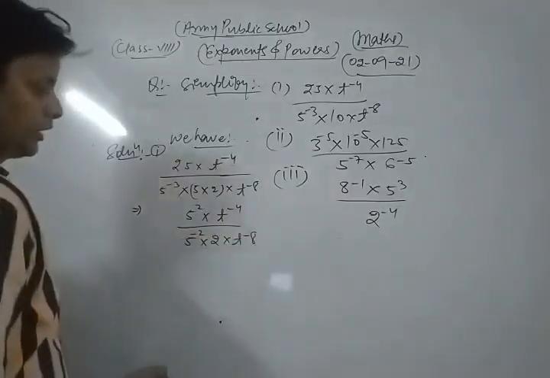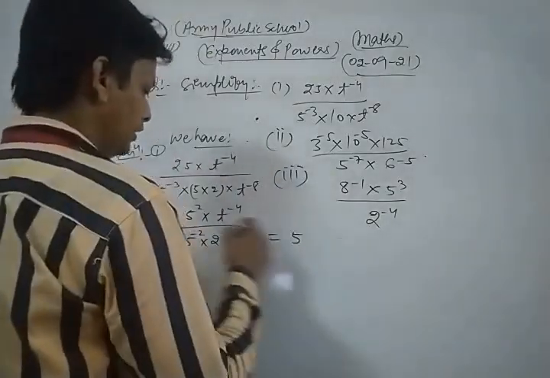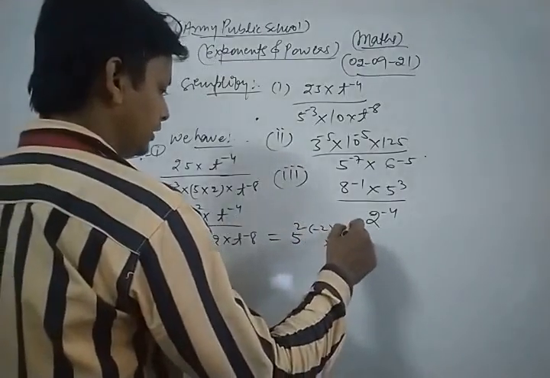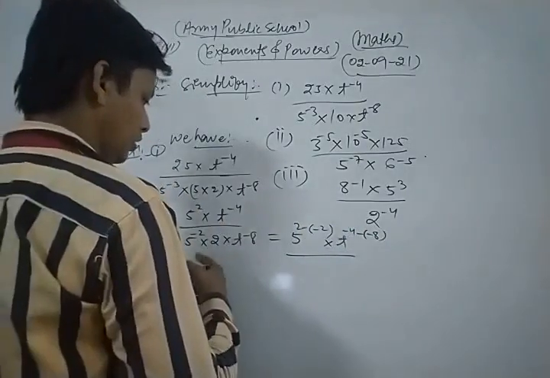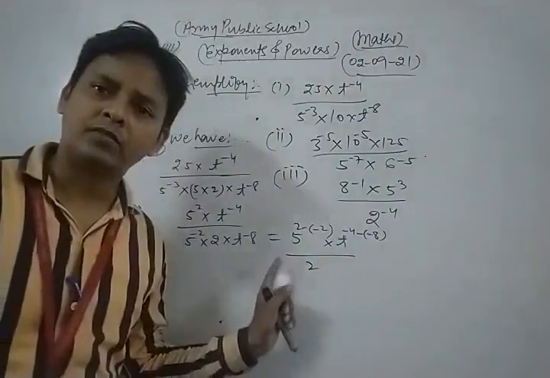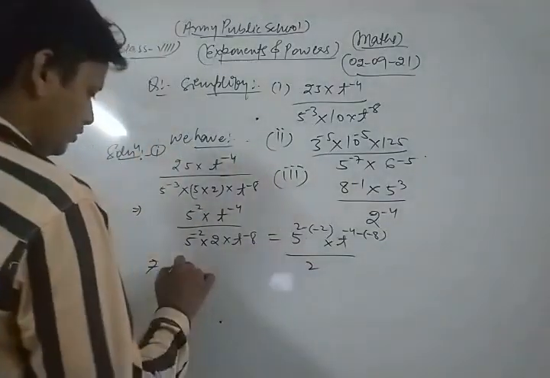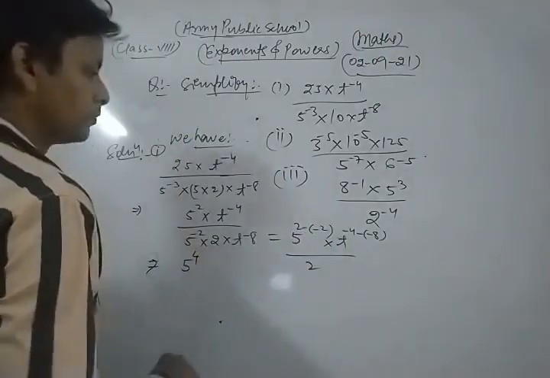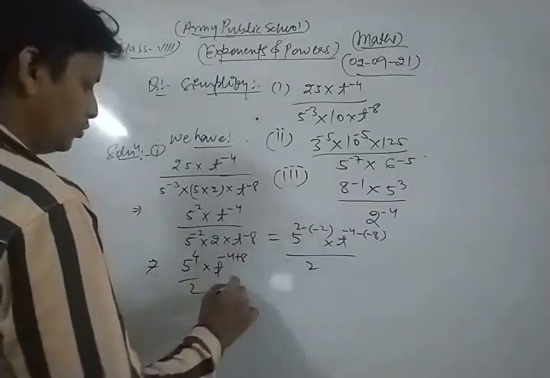Now we apply the laws of exponent, so we get 5 power 2 minus minus 2 into t power minus 4 minus 8 upon 2 is left in the denominator. Now we have 5 to the power 2 plus 2, that is 4, into t power minus 4 plus 8 upon 2.